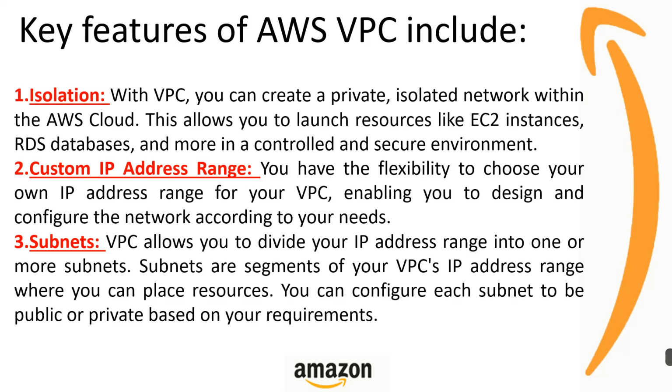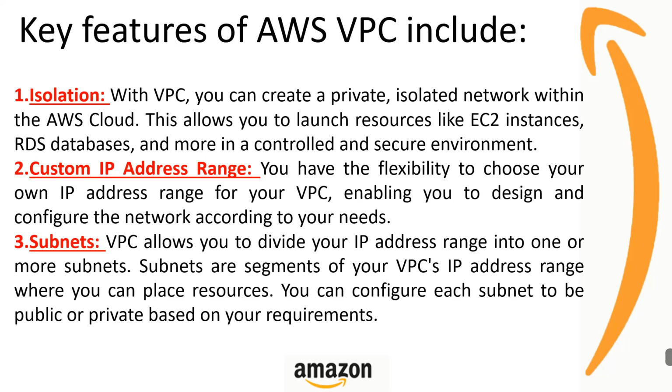VPC allows you to divide your IP address range into one or more subnets. Subnets are segments of your VPC's IP address range where you can place resources. Subnet means where we can place our resources, and we can configure each subnet to be public or private based on your requirement.